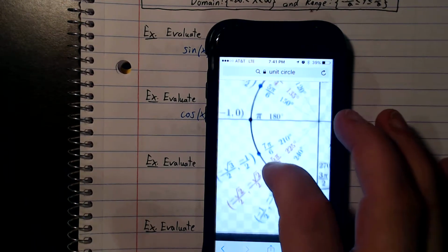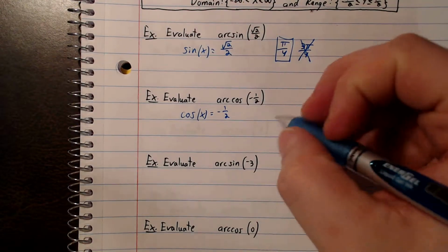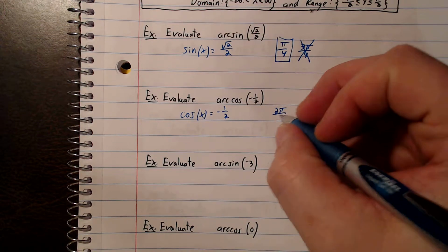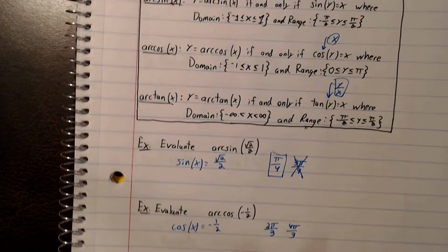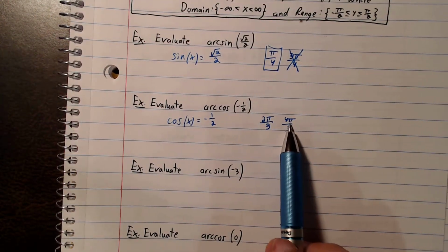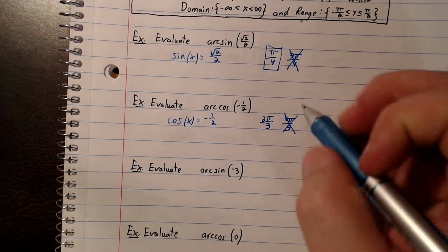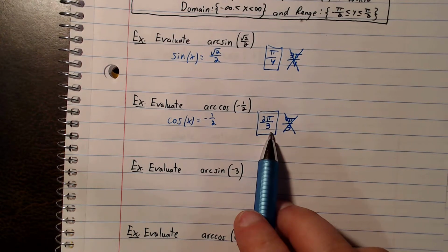And it happened again down here at 4 pi over 3. Which one do we want to go with? Well, we need to be between 0 and pi. That's too far. This worked. So our answer is 2 pi over 3.